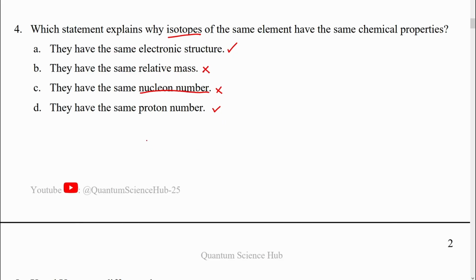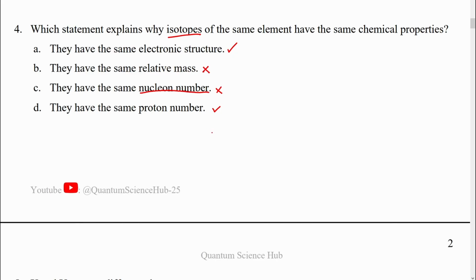This is a true statement, but this is not the reason for having the same chemical properties, because it's the same electronic structure that causes this. Isotopes have the same electronic structure, so they have the same chemical properties, but different numbers of neutrons, and that is the reason why they have different physical properties like mass or density.